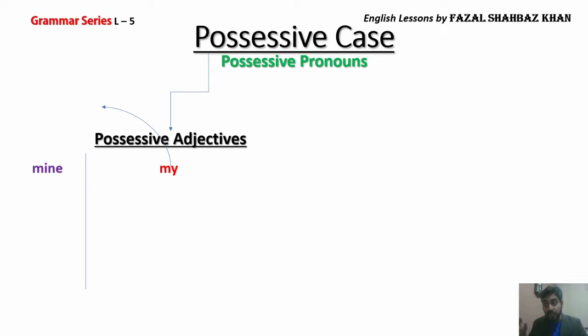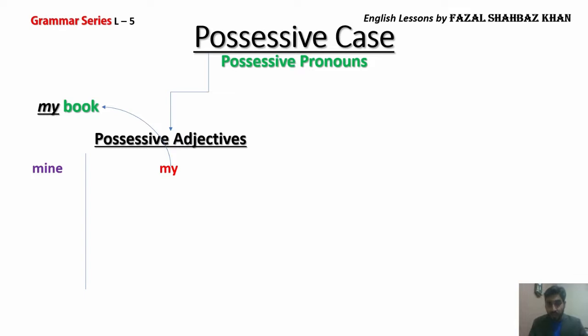When it gives you a complete meaning, then it is a possessive pronoun. But once I need to use my in a sentence, I can't say this book is my. That is incomplete. My is actually a determiner. It's an adjective describing a noun. So I need to attach a certain noun right after the usage of my. So instead of saying this book is my, I would have to say this is my book.